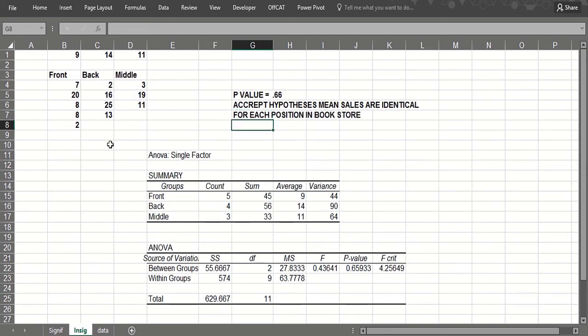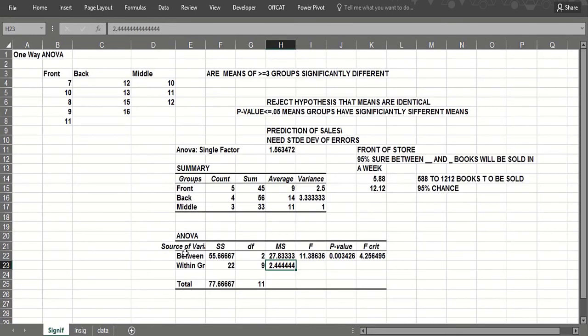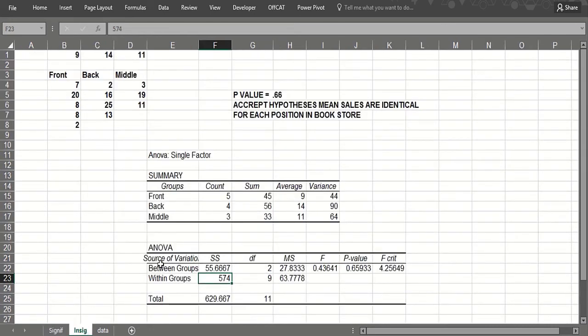The reason we can't conclude these means are different, even though they're the same means as in our previous example, is there's a lot more variability within each group. The sum of squares within the group here is 574. Don't worry too much about how that comes about. The sum of squares within the group before was only 22. That's a measure of the variability within the group. So in this case, you can see why it's called analysis of variance.